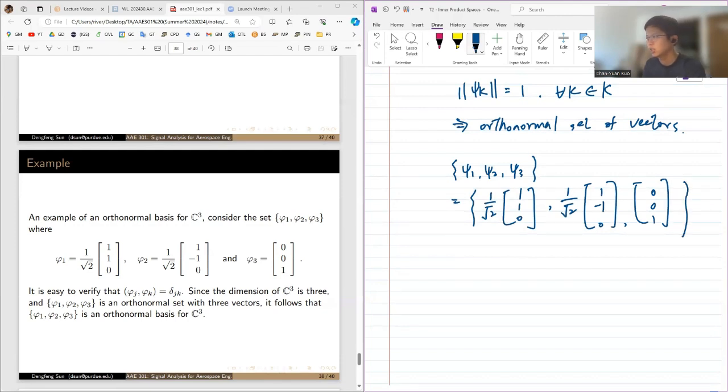So obviously, we see that this is a non-zero set of vectors because none of these vectors is 0.